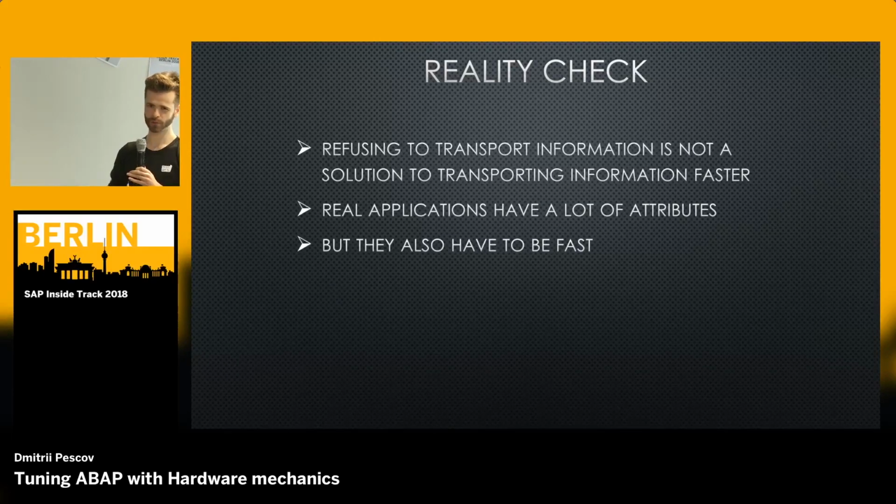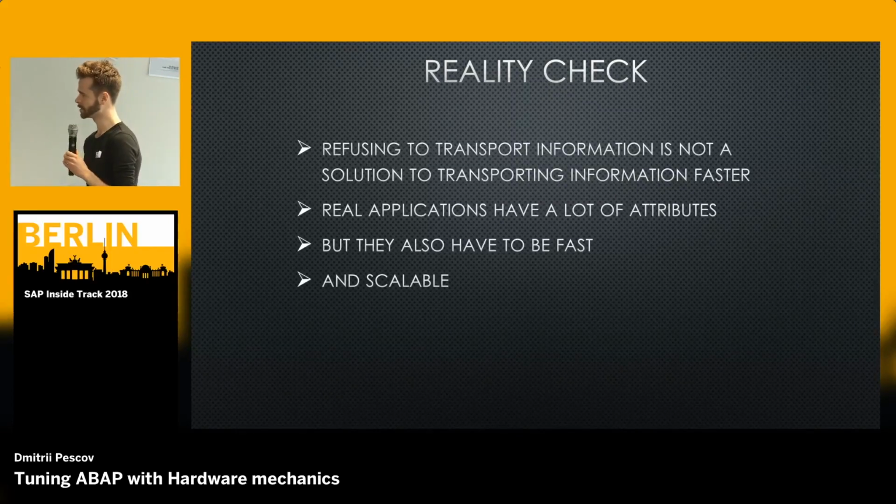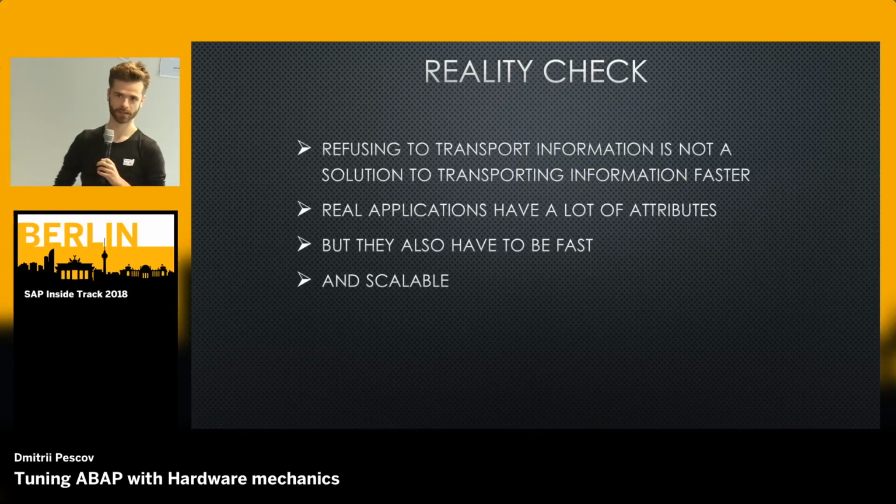For some strange reasons, these applications also have to be fast. And they also have to be scalable, which kind of contradicts the way we model our data, because if we are pushing around 10 kilobytes per line, that's not very lean.